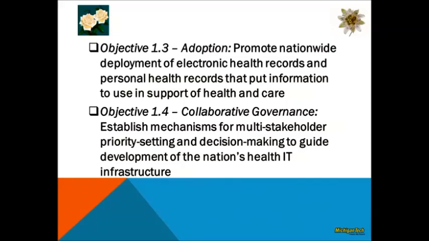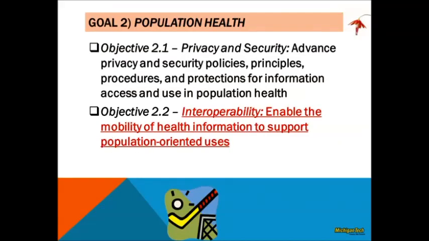This is important because it is not just one entity, but a bunch of entities. We need to figure out how to make them cooperate. That's important. Okay? So these are the objectives for the first goal.